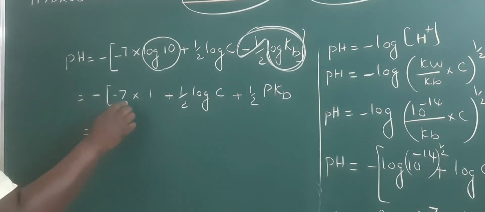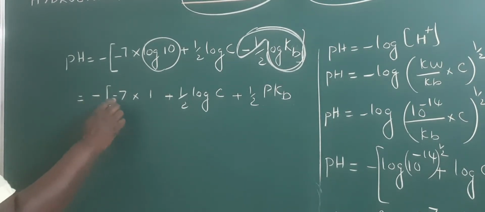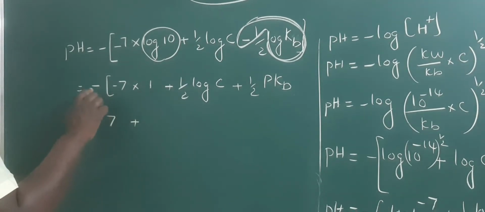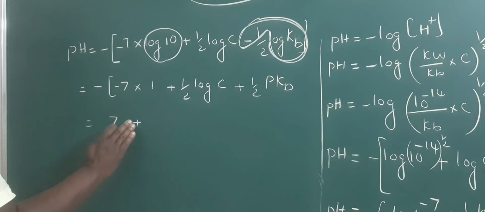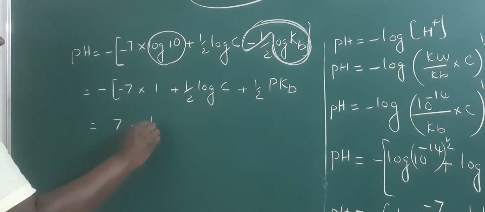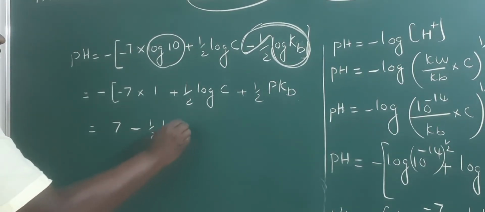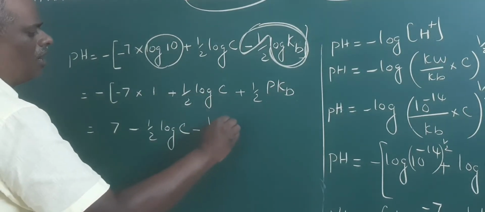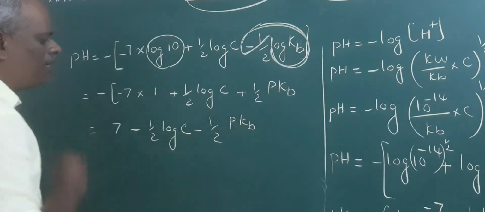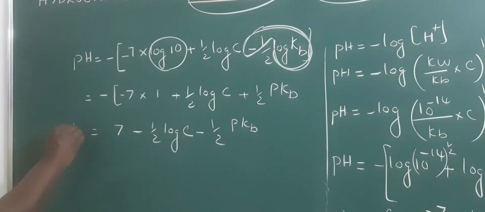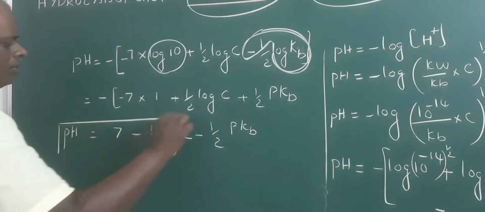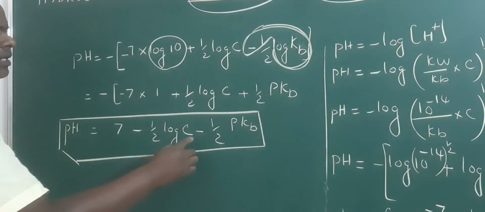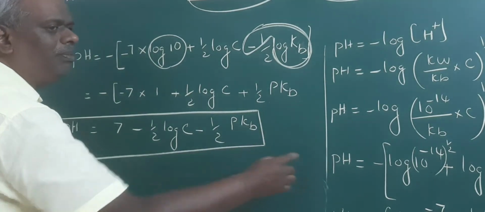Now the minus sign is taken into the bracket: minus into minus 7 gives plus 7, minus into plus gives minus half into log C, and again minus half into pKb. Which means pH is equal to 7 minus half of log C minus half of pKb.